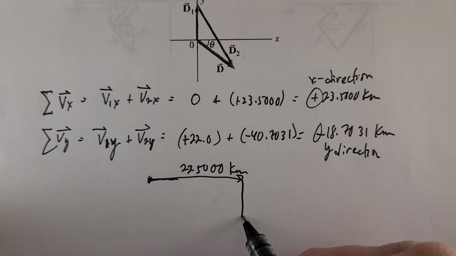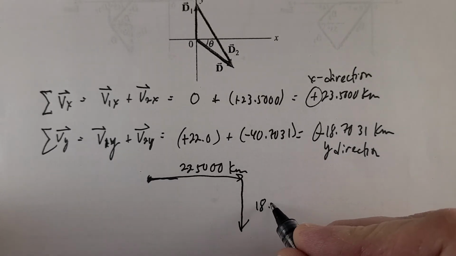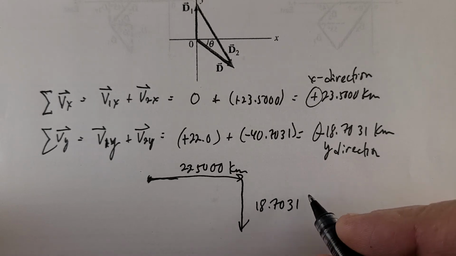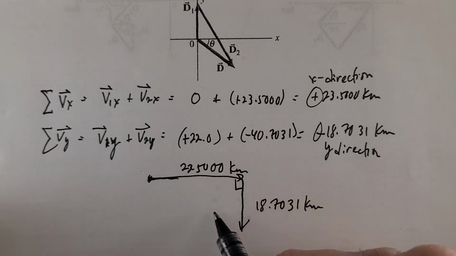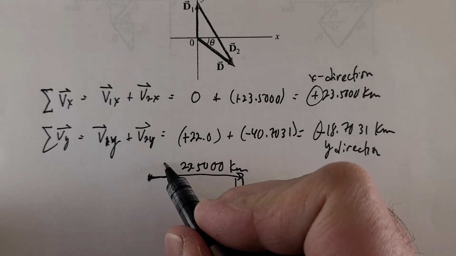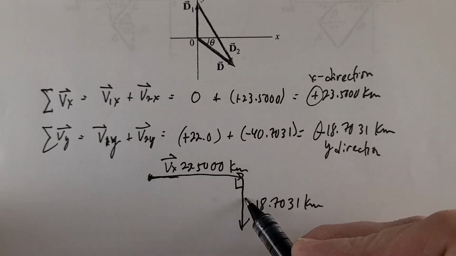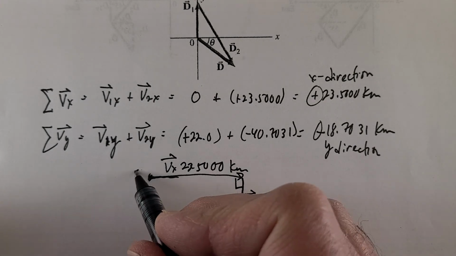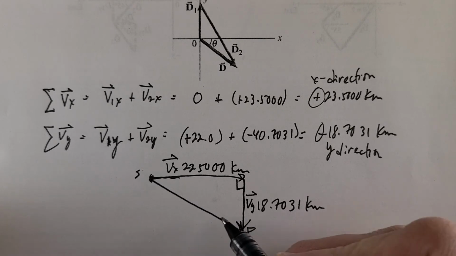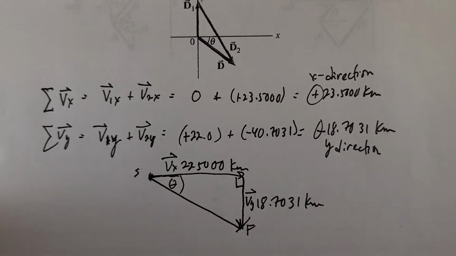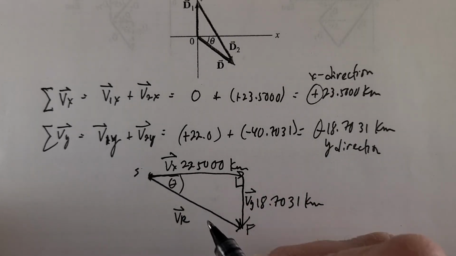And of course, negative 18 is down. So don't put the negative in. The negative just tells you how to draw it. Okay, so there's my Vx and my Vy. Start, finish. So of course my vector is going to look like this with that angle there. So there is my resultant vector.